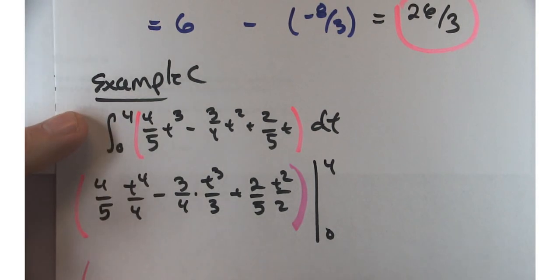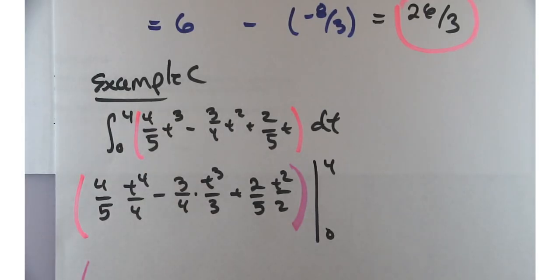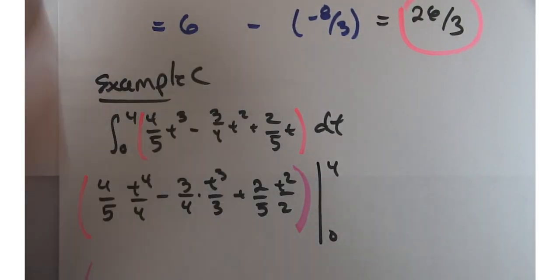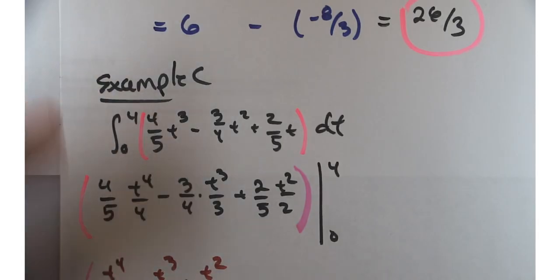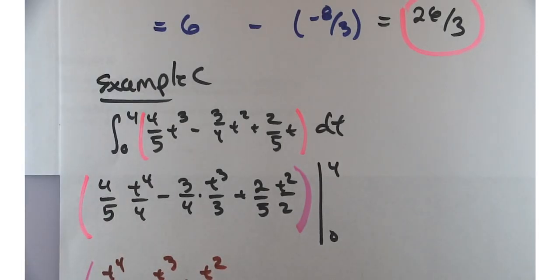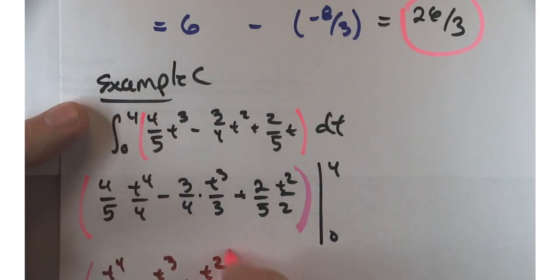So let's do that. The 4's here are going to cancel. I'll end up with t to the 4th over 5 minus t cubed over 4 plus t squared over 5, and that's still between 0 and 4.